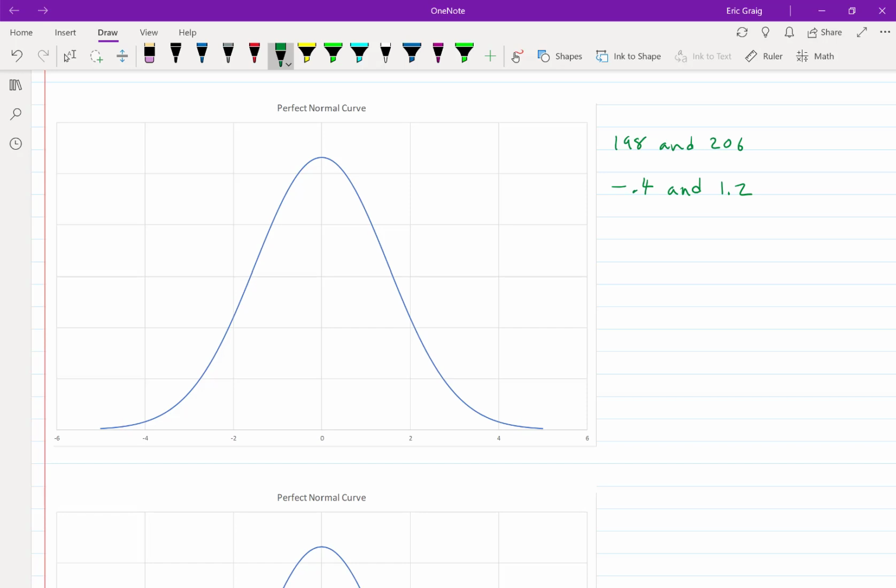How do you solve this problem? Again, can't stress enough, we want to draw these out. And I think we put the 0.4 score about there. And we put the 1.2 score about there. Now let me fix that a little bit. Maybe it's going to be a little closer to here. So now we're interested in this area over here.